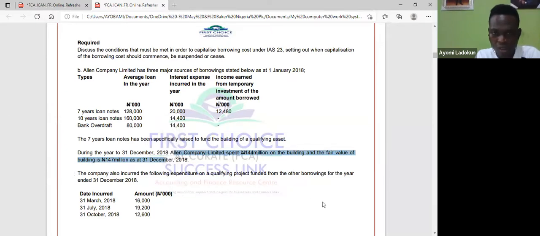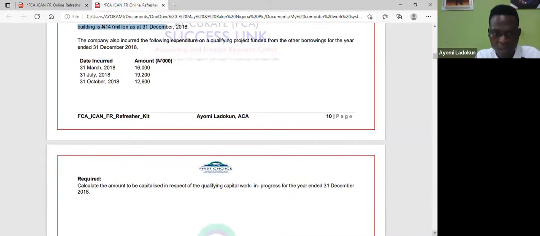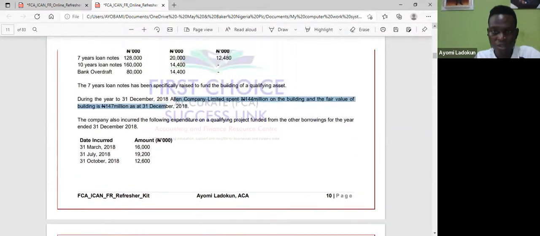Then the company also incurred the following expenditure, so we're given. They require us to calculate the amount to be capitalized. So we know already this is IAS 23. Even if he didn't say that, part A is already telling us, in respect of the qualifying capital work in progress for the year ended 31st December 2018.